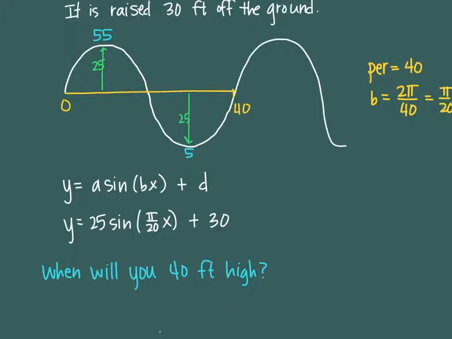So the 20 should come after the pi and the x. And then plus 30. And if you did everything right, we should see one perfect cycle on our graph. So hit graph. If you don't see a perfect cycle, it's because you made a mistake typing in the equation or you made a mistake in your window.